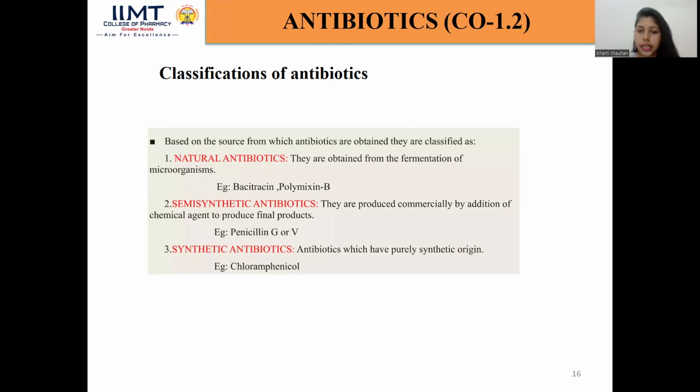Second is semi-synthetic antibiotics, which are produced commercially by addition of a chemical agent to produce the final product, example penicillin G or V. Third is synthetic antibiotics, which are synthesized only in the labs, meaning they have a purely synthetic origin. Example, chloramphenicol.